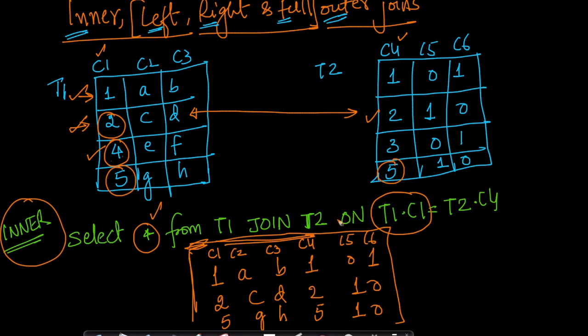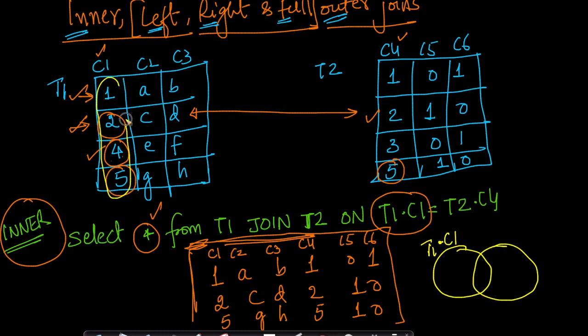One way to understand inner join diagrammatically: there's a very nice simple interpretation of inner joins. You create two sets. This is your simple Venn diagram. This circle represents all the elements in T1.C1, and this set represents all the elements in T2.C4, the two columns that we are comparing with the on condition.